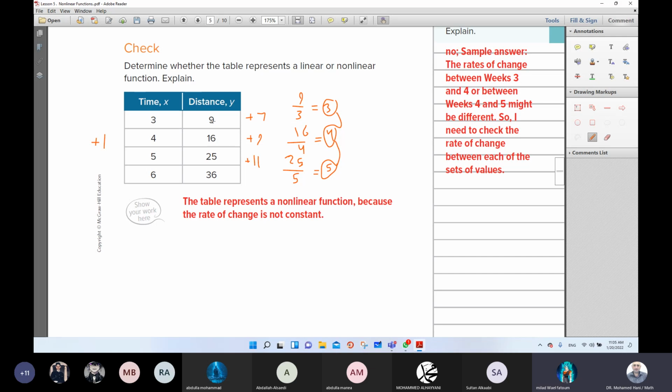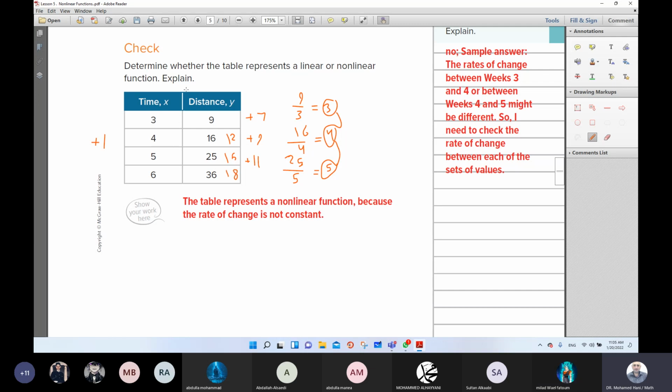Like each number 3 and 4 and 5 and 6, we times it by 3, it will be linear? Repeat please the values here. Here what you have here? Here 9. And here? 12. And here? 15. And here? 18. Okay.